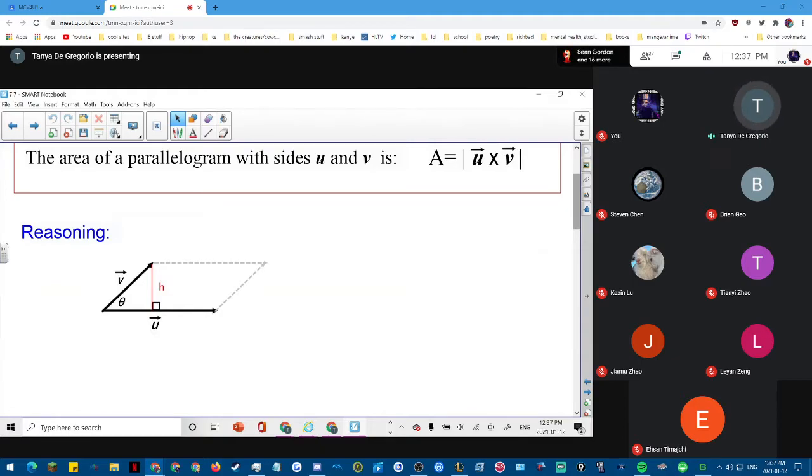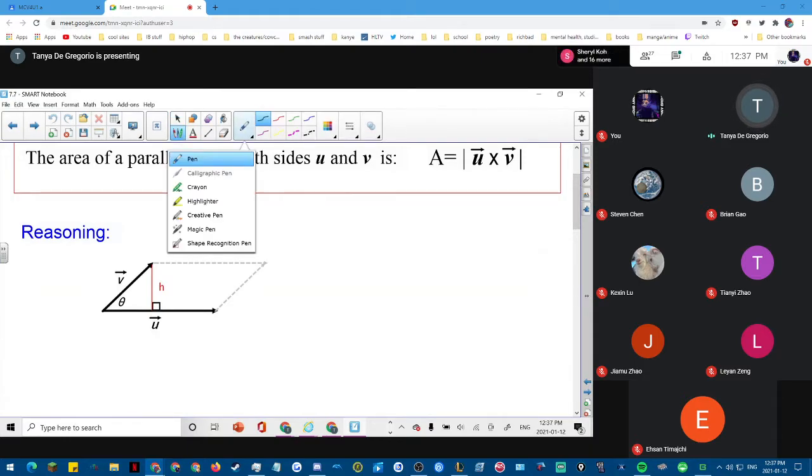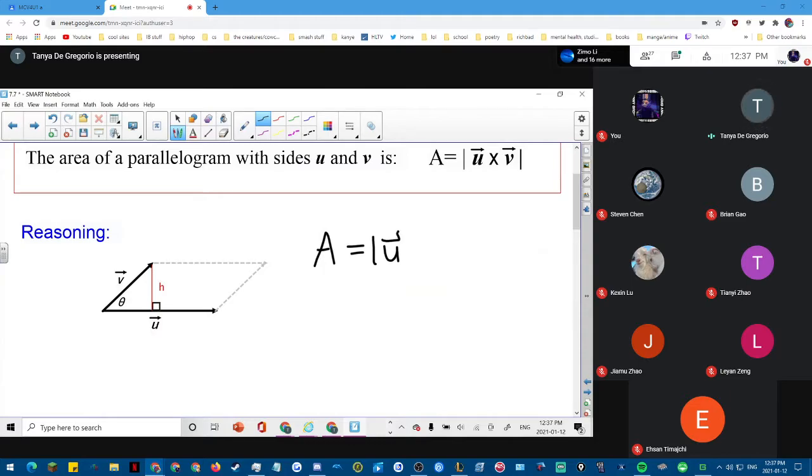Okay, so here we're going to see why. It's very simple. As you can see, I've drawn a right angle triangle. So I can say here the area is equal to base times height. That's equal to the magnitude of u times the height, both scalars.